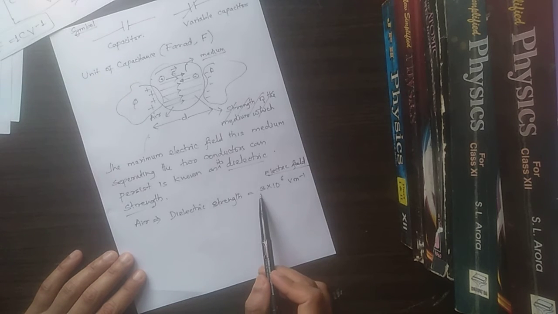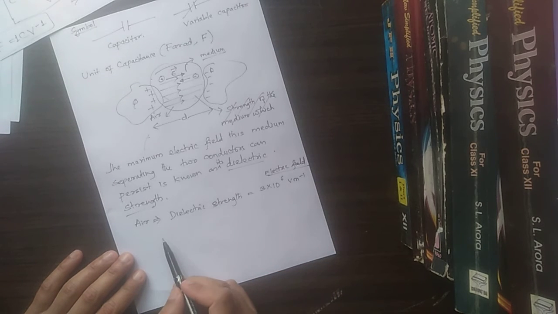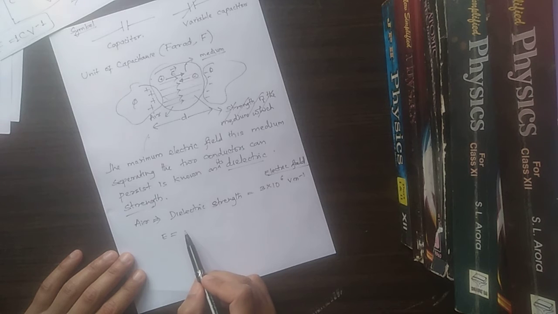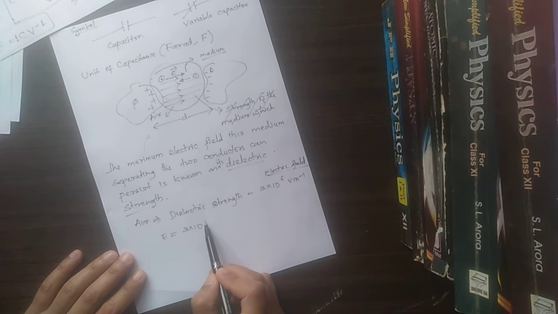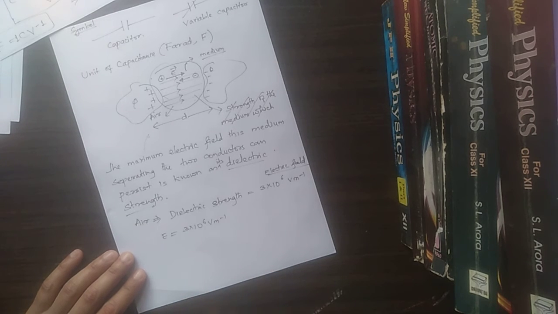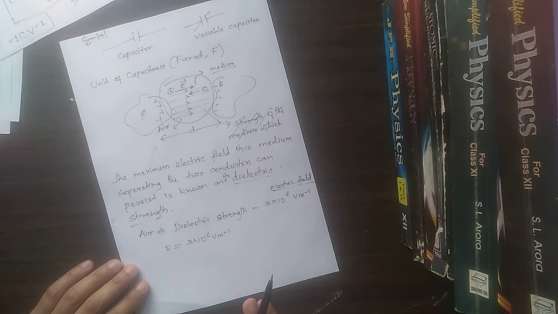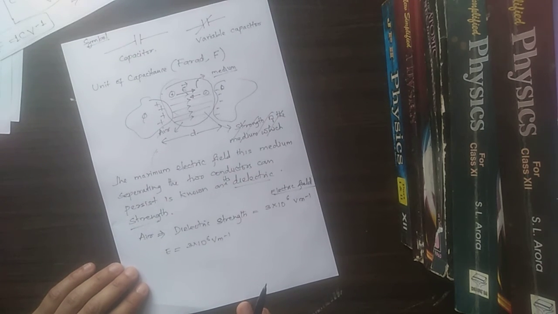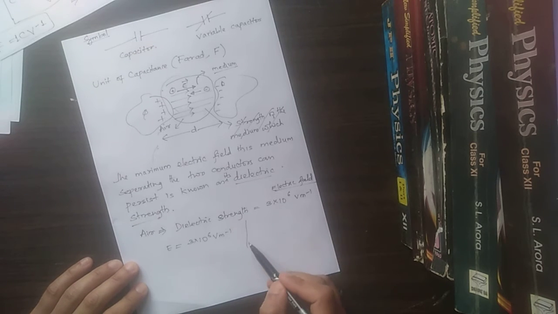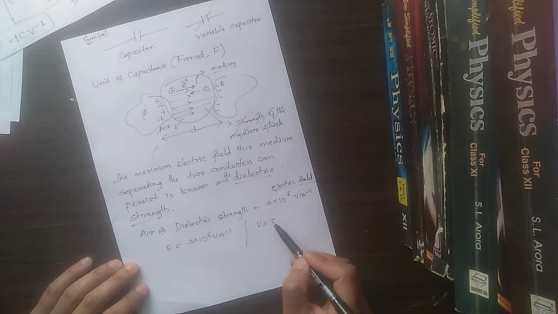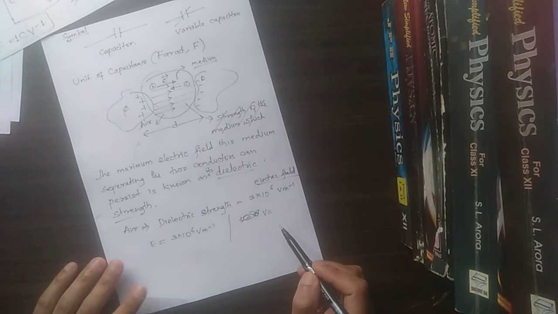So, if the dielectric strength is 3 into 10 to the power 6 volt per meter for air, then what is the potential difference between the two conductors in that case? We have derived the relation between potential and electric field.